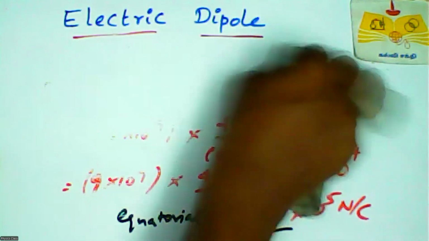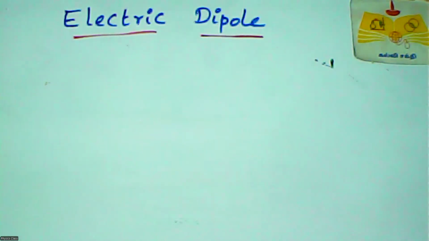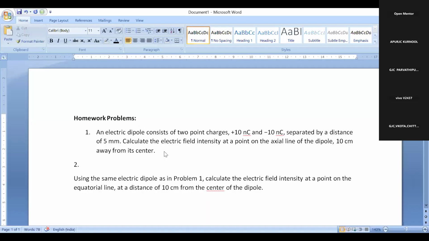Now, homework. An electric dipole consists of 2 point charges, plus 10 nanocoulomb and minus 10 nanocoulomb, separated by a distance of 5 millimeter.